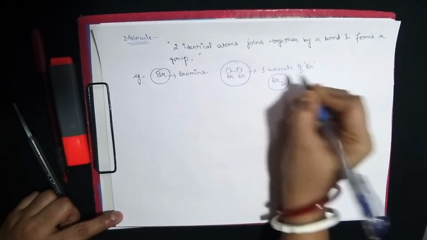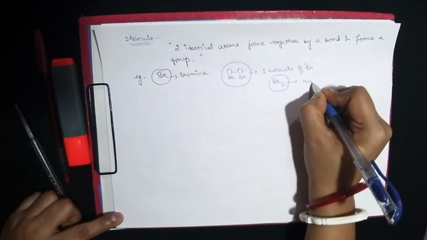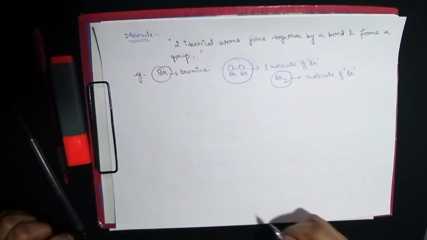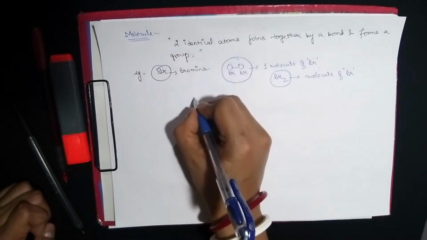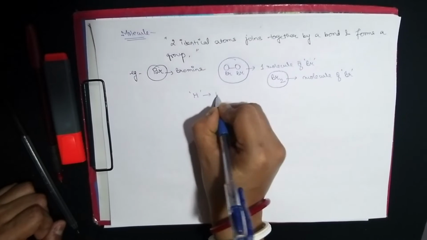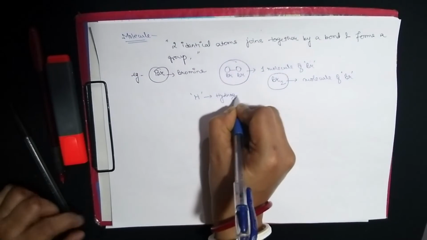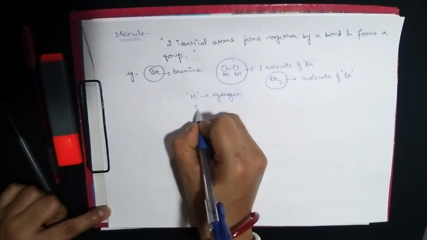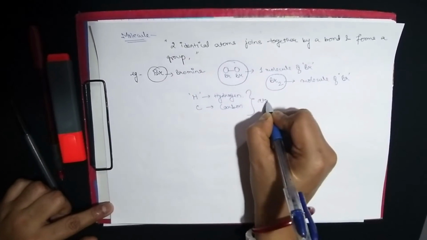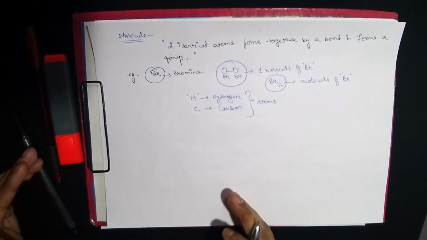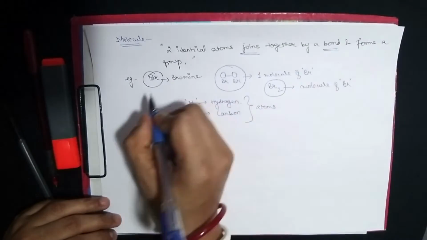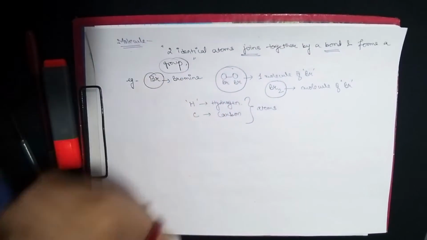When I'm writing Br2, it means it's a molecule of bromine and not an atom, because we symbolize an atom like this: hydrogen H, then carbon C. These are atoms, but when two identical atoms join together by a bond, they form a group called a molecule.